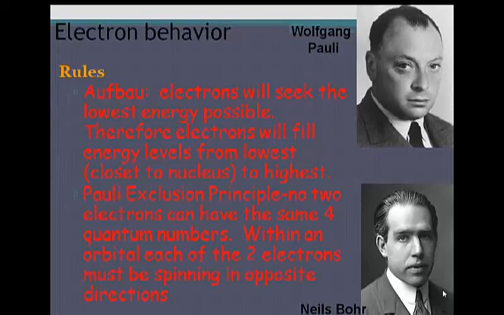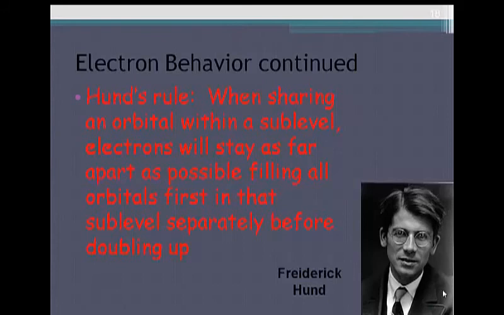Pauli also came up with a principle called the Pauli exclusion principle. What he said is that no 2 electrons can have the same 4 quantum numbers. Therefore, within the orbital, each of the 2 electrons that are within that orbital must be spinning in opposite directions. Last, we have Hund's rule. This was put together by Friedrich Hund.